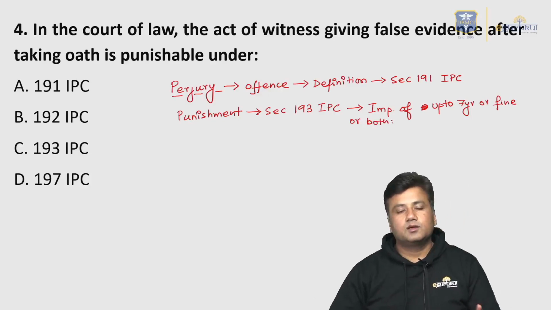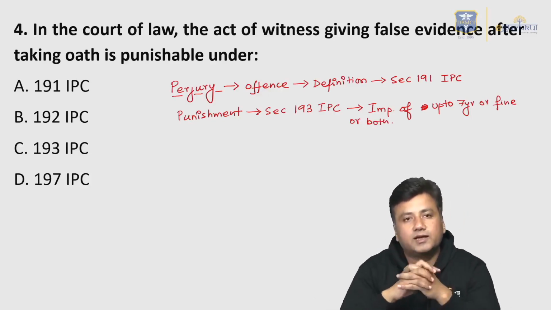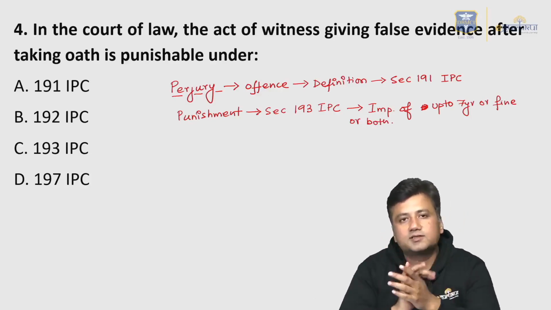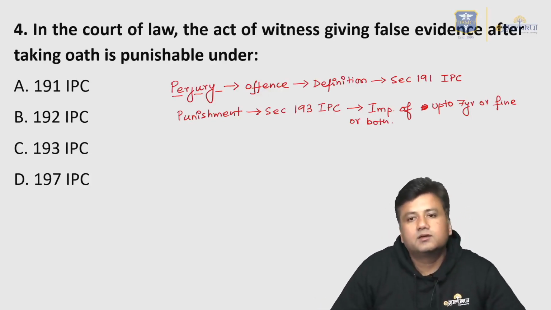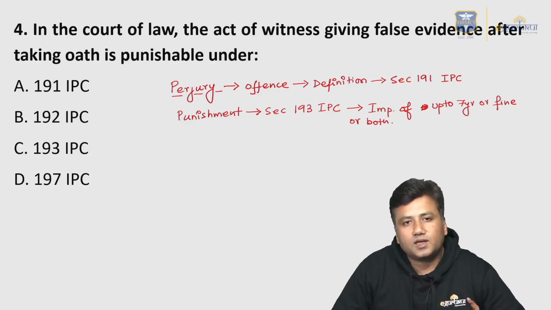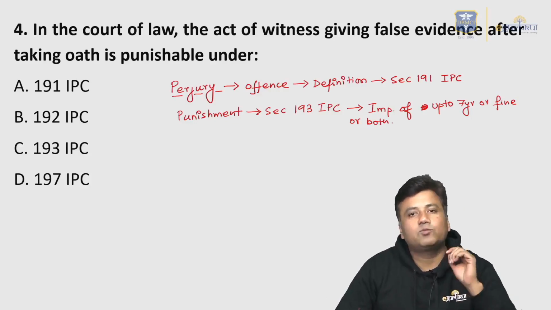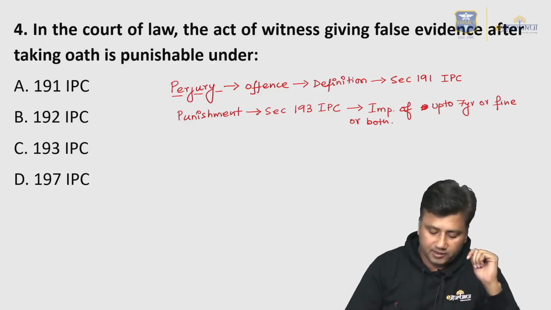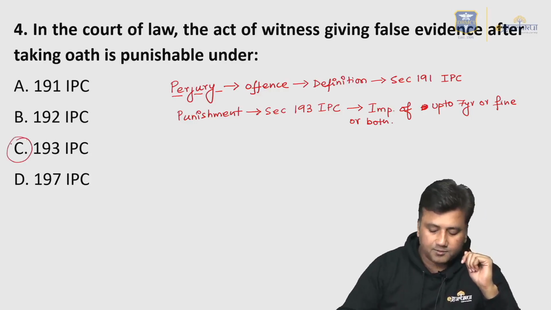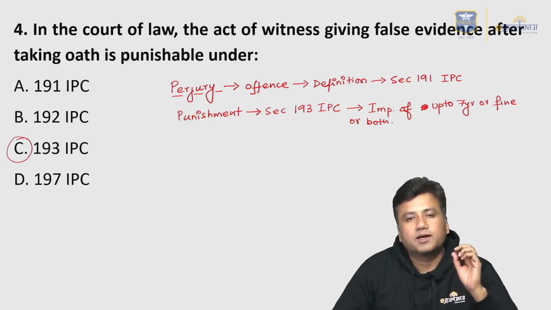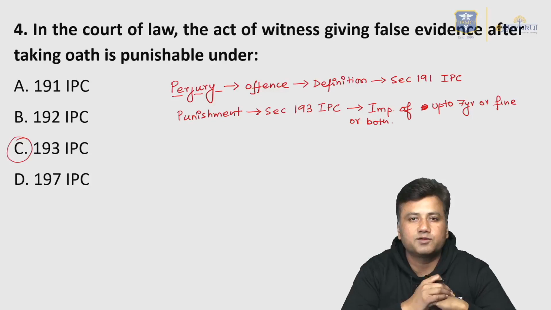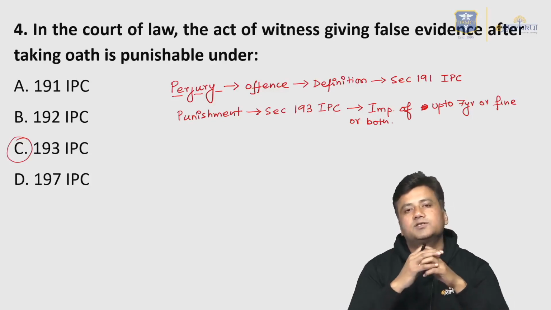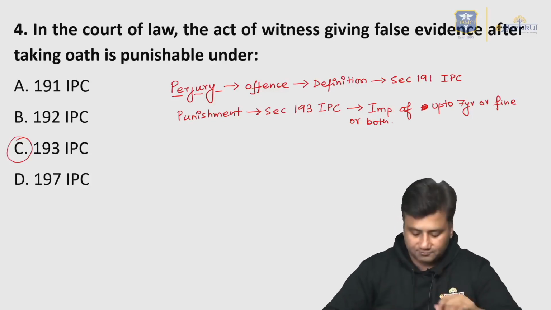So the punishment is given in 193, the definition is given in 191. So in the current question, the question is that the act would be punishable under, and the correct option would be 193. Please do remember that this is a very often asked question in various examinations previously, and it is still a question which has been asked again and again.